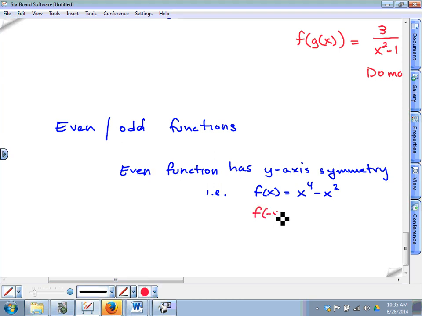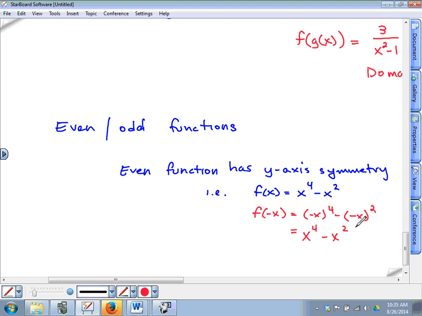You've got to see what happens to f of negative x. Well, if you plug in a negative x, what's negative x raised to the 4th power? It's just x, so that's x to the 4. And then negative x raised to the 2nd power is just x squared, so nothing changed. We end up with the same thing we started with. That's indicative of an even function, which is symmetric to the y-axis.